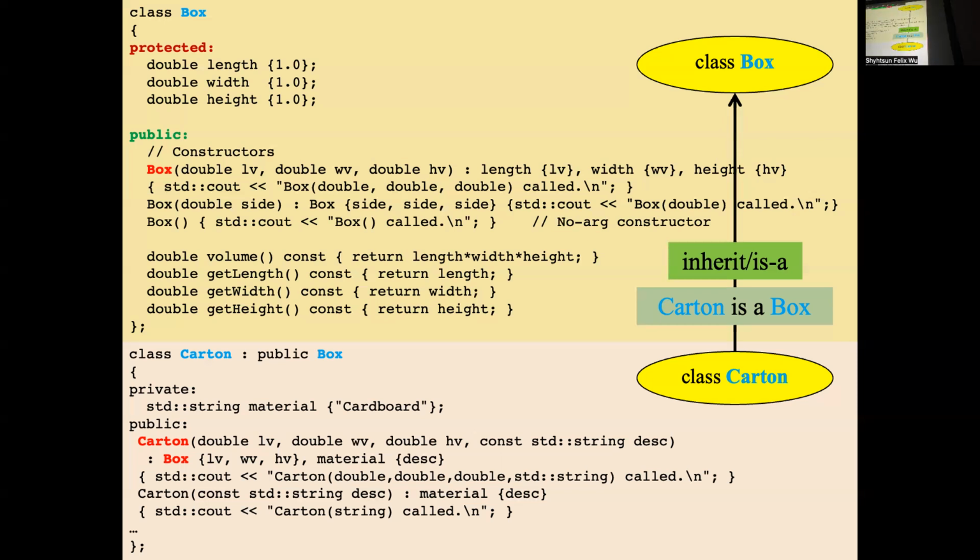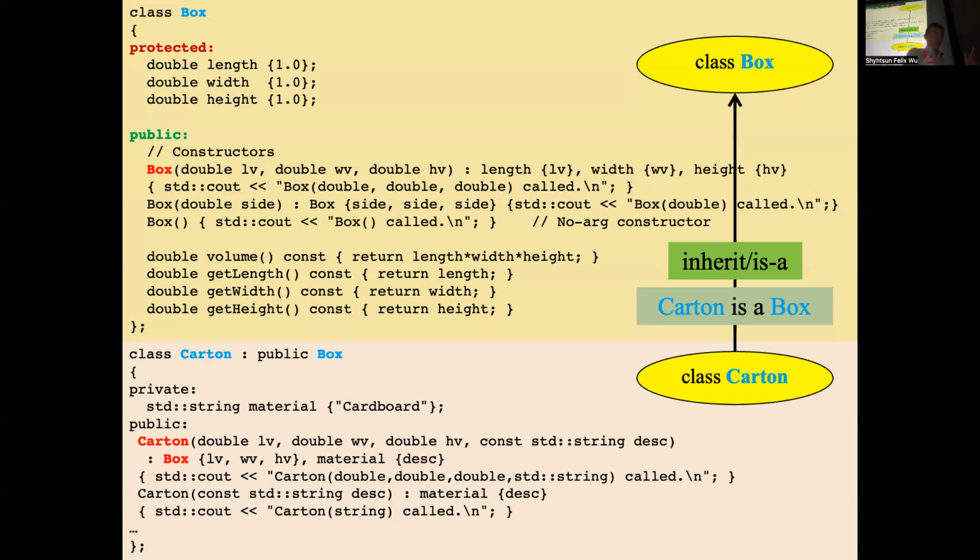When you define class Carton, instead of putting nothing after the word Carton, you put a single colon, and then you have a mode of inheritance. In this case, we say public. In fact, that's the most popular way of using single inheritance. We will see there are other options you can put here. So you say public and then Box. This is the name of the parent class.